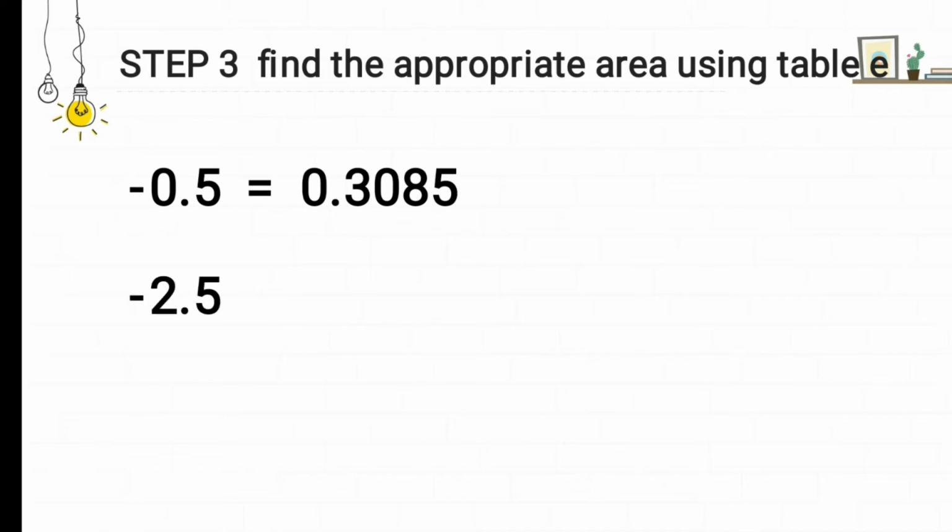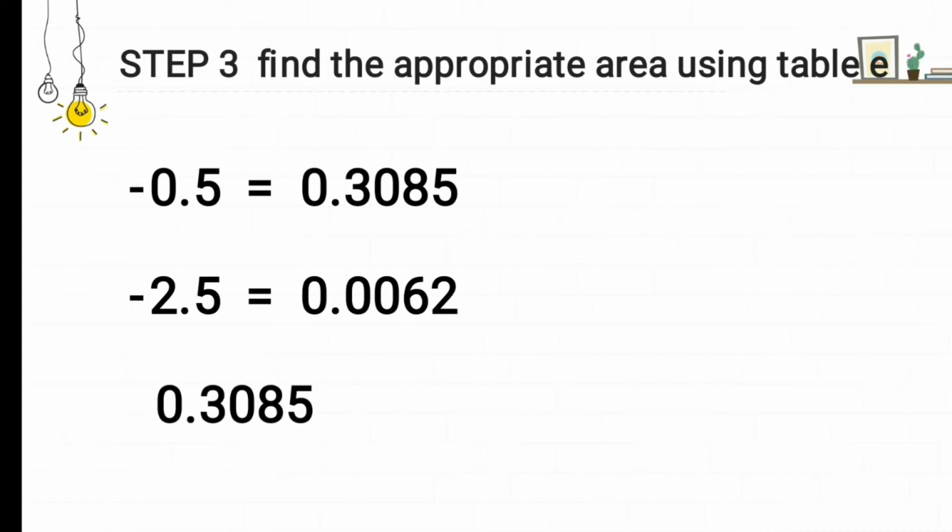For our first z value, we obtained negative 2.5, and using table E, we have 0.0062.